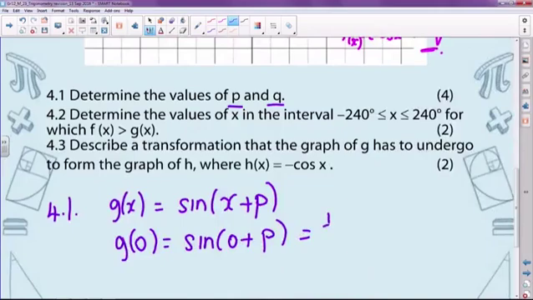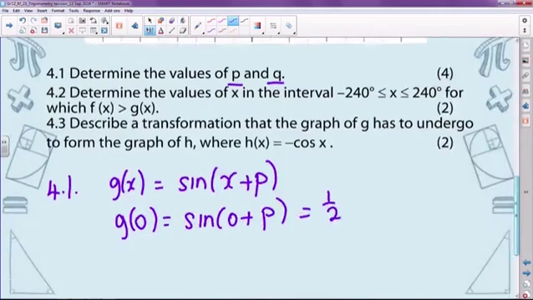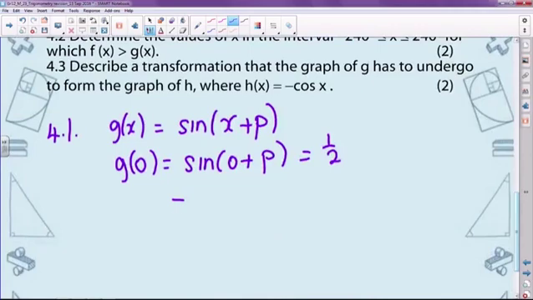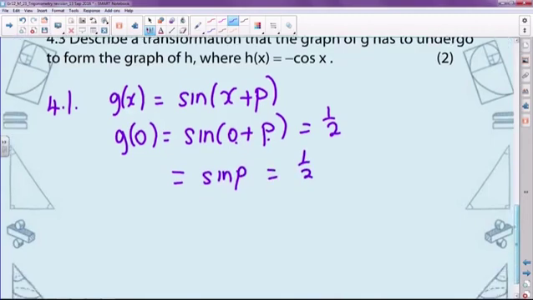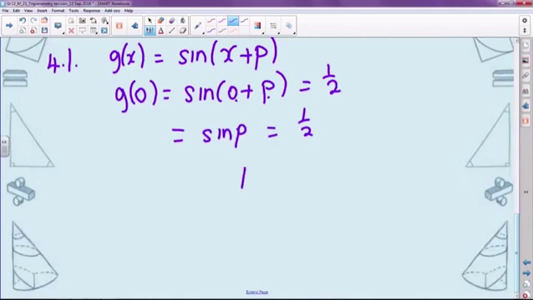So therefore, this is what I get. I get a simple trig equation where I have sine of 0 degrees plus P, which is simply sine of P, which is equal to a half. You can do a quick calculation on your calculator or look at your special angle diagrams and you'll see that P is equal to 30 degrees.